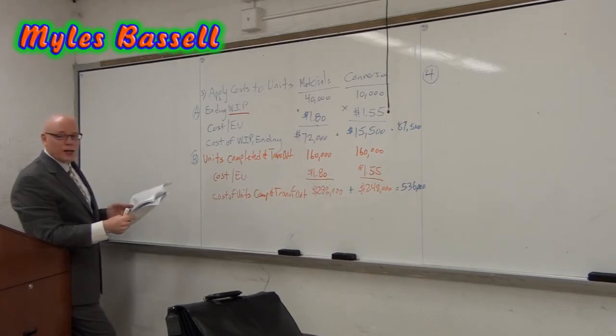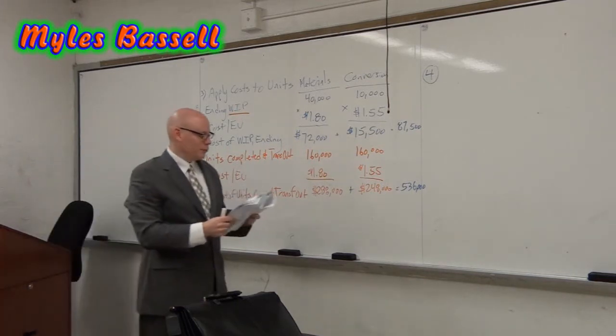Now what we're going to do is combine those two amounts. So when we calculated cost per equivalent unit, we had the cost of beginning work in process. Materials were $25,200. Conversion was $24,800. So how much is that?